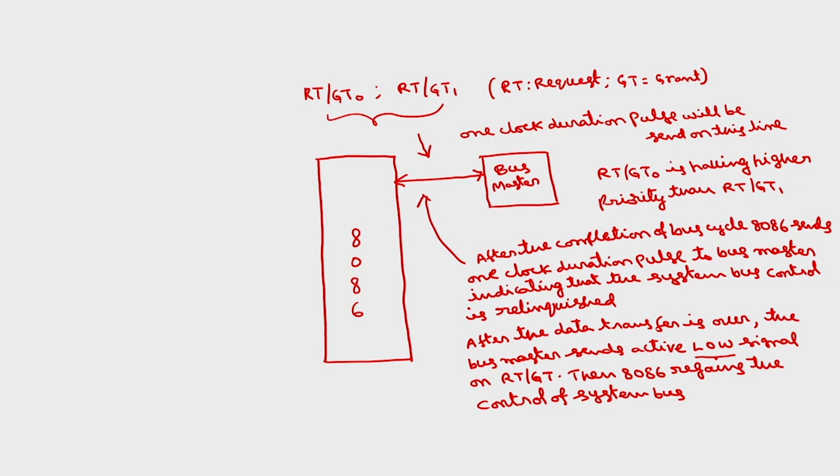While one bus master is requesting, to prevent the other bus master from requesting the system bus, we have another maximum mode signal, which is called the LOCK bar signal.